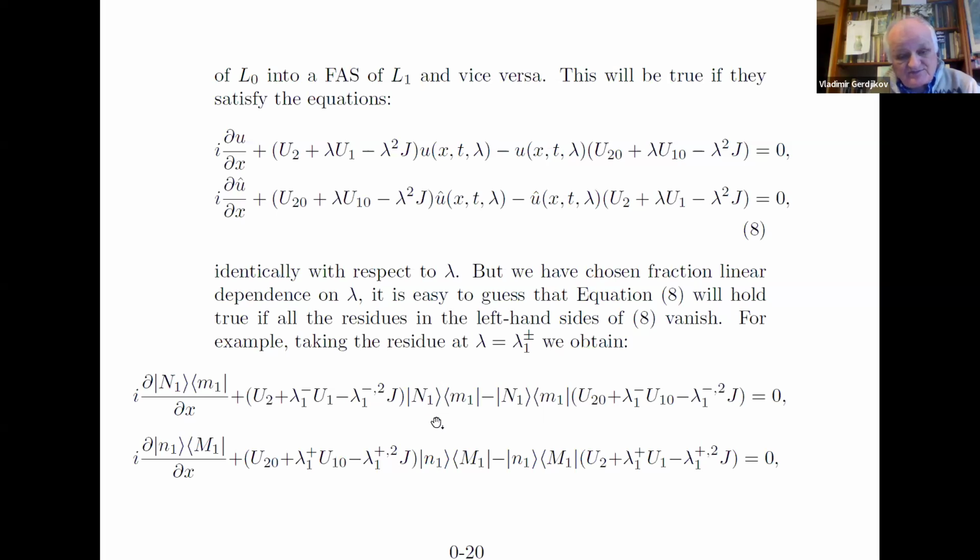This is taken in front of the bracket, and that bracket will be multiplied on the right by small m1. Similarly, the derivative of small m1 will be an expression proportional to capital N1, and inside there will be a simpler equation for M1.